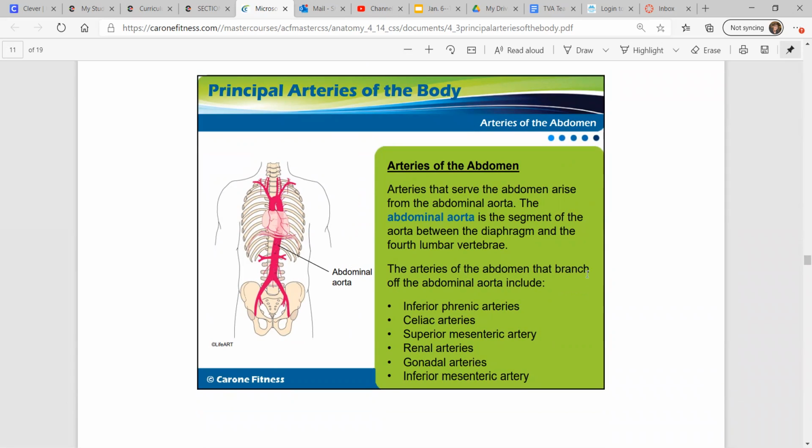The arteries of the abdomen that branch off this abdominal aorta include inferior phrenic arteries, celiac arteries, superior mesenteric artery, renal arteries, gonadal arteries, inferior mesenteric artery.